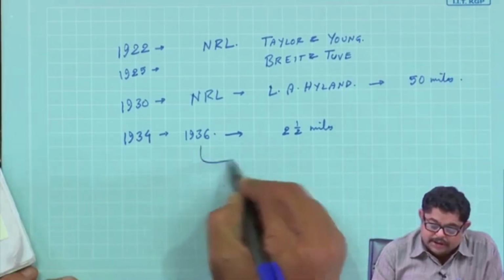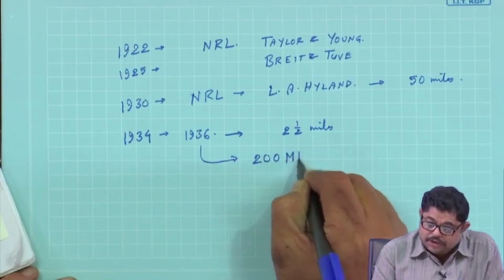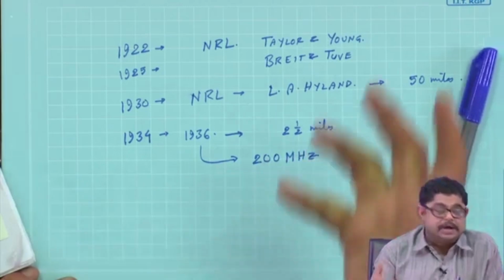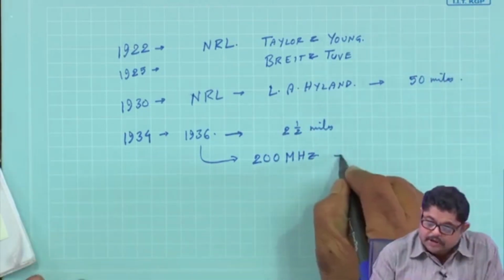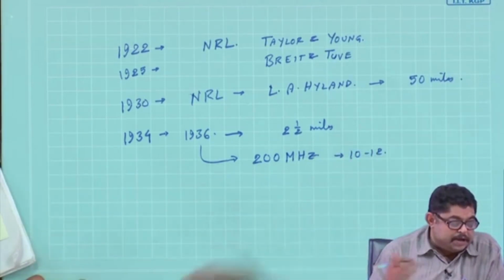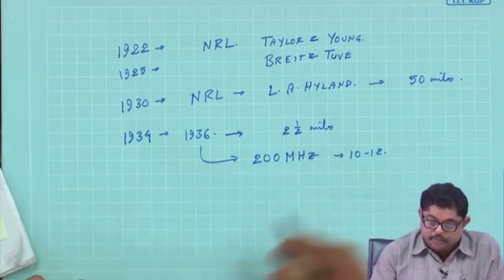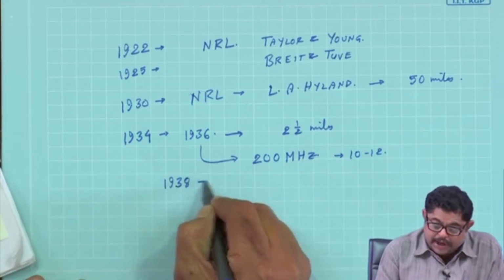So, in 1936 we already got a, in those days really high frequency, 200 megahertz radar, and it could achieve a range of 10 to 12 miles. Thereafter, more and more high power systems came in by 1938.